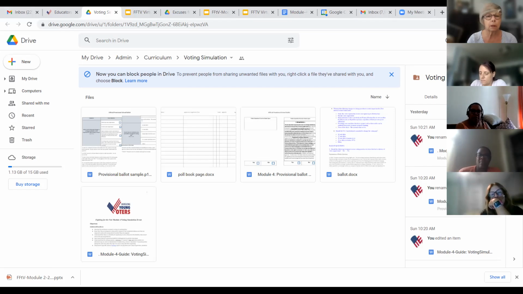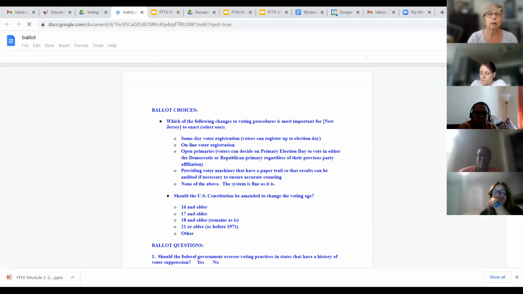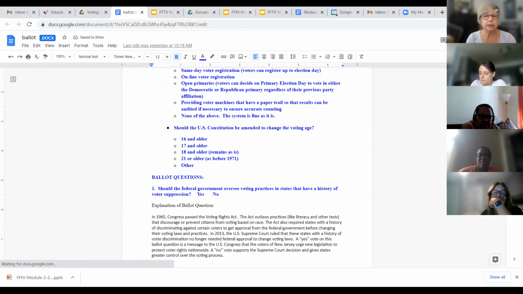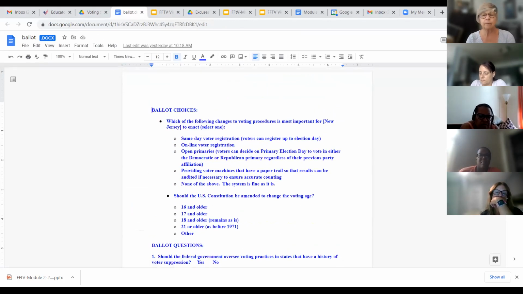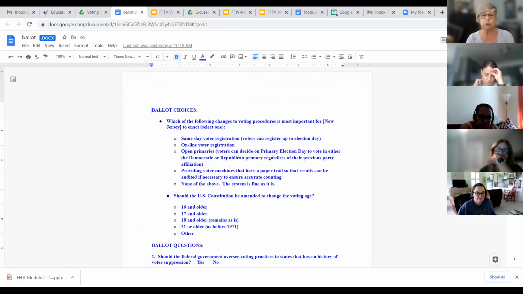I'm gonna see if I can find. All right. In the one that we did the last time, the choices that they had to make, like if they were voting for a person, were how voting procedures might be made better in the state of New Jersey. And then the second thing they needed to vote on was, should the Constitution be amended to change the voting age again?